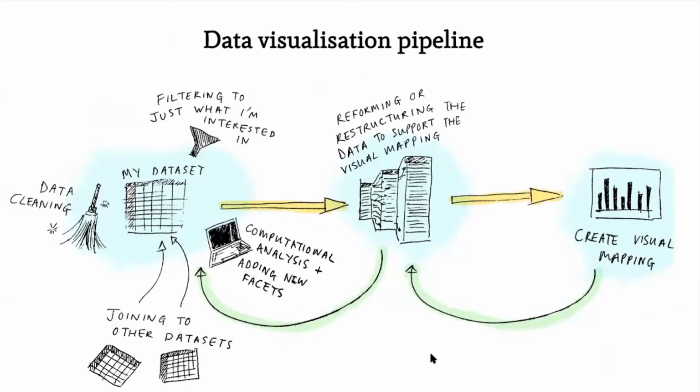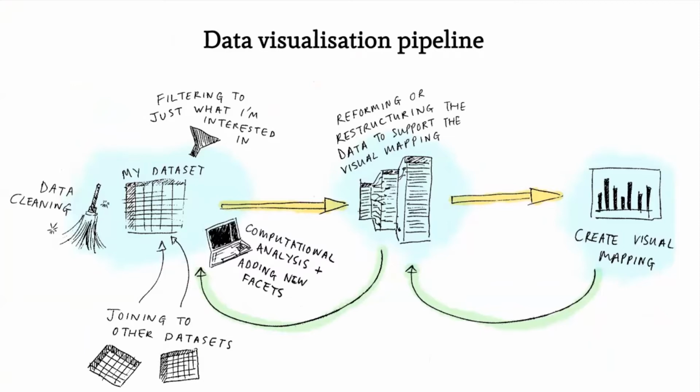So I would roughly characterize the visualization pipeline or workflow as something like this. We'd start on the left with our data set and the various kinds of processing that we'll want to do with it. We might need to clean the data, filter the data, bring in other data sets.